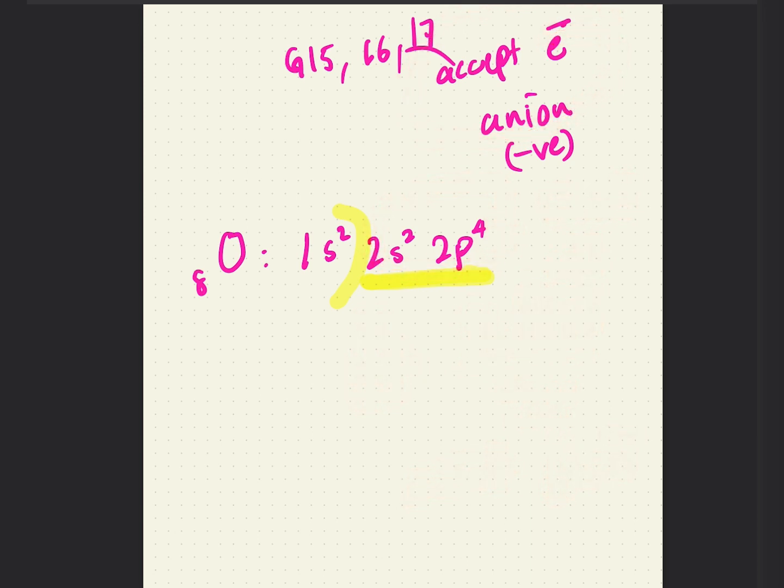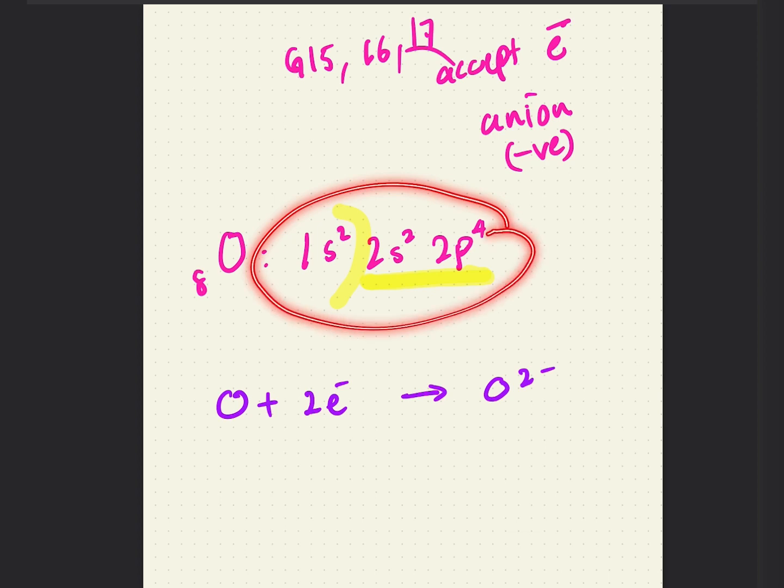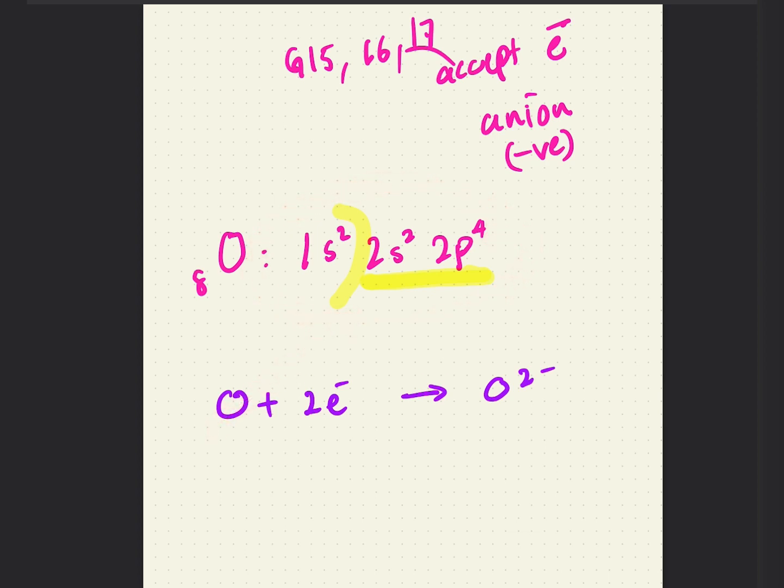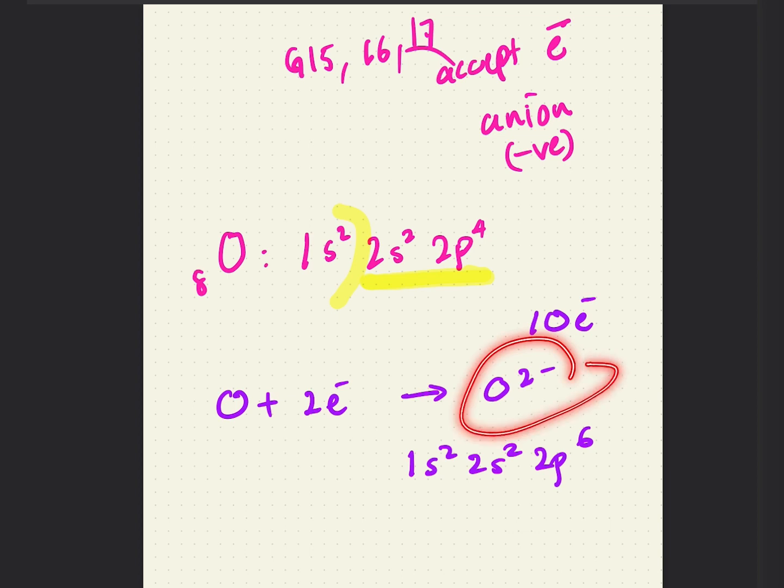Okay, so in this case, for this oxygen, okay, so oxygen akan gain 2 electron, so it will form O2 minus ion. So asalnya oxygen atom tadi, ini dia punya electronic configuration. Bila dia form, when it form O2 minus, so kamu akan dapat 1s2, 2s2, 2p6. Sebab sekarang total dah ada 10 elektron here. Kamu terima tadi 2 elektron.